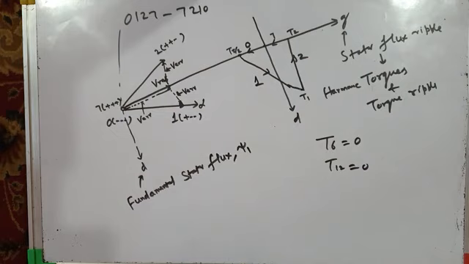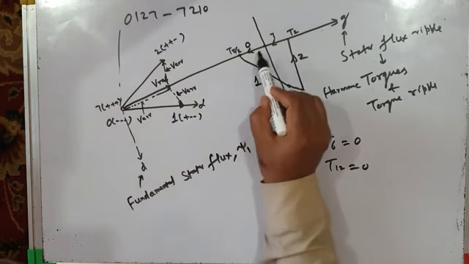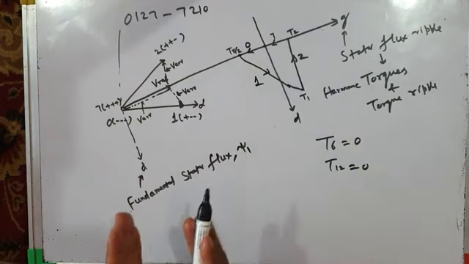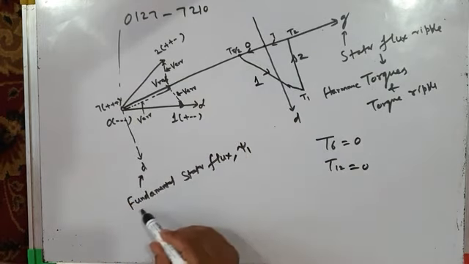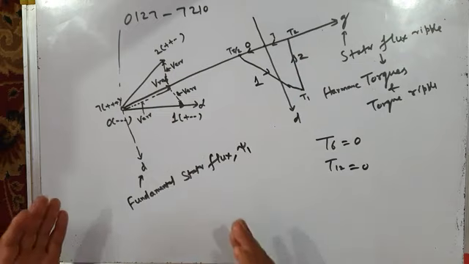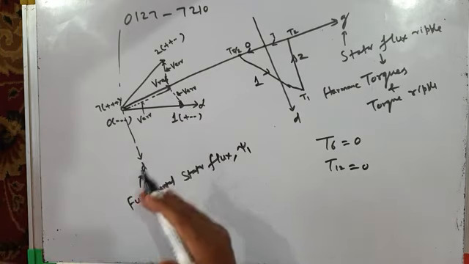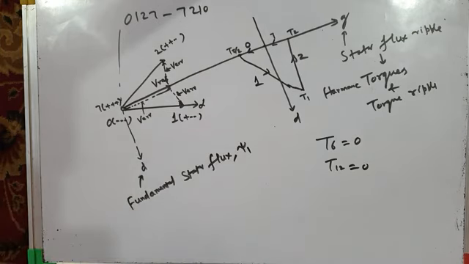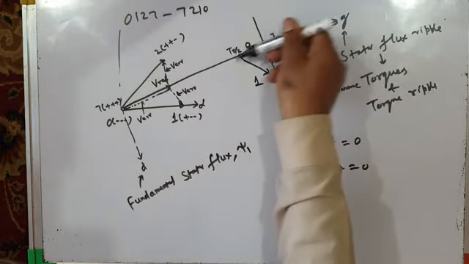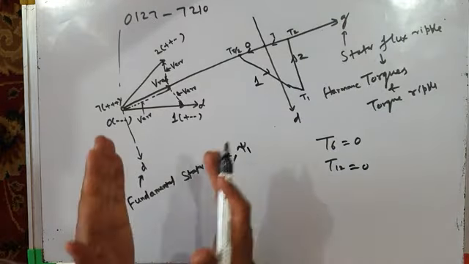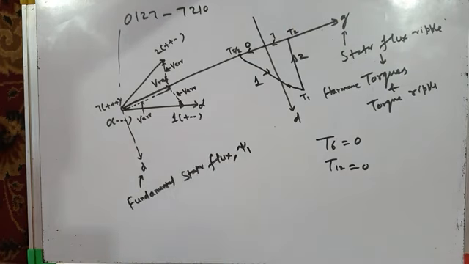So therefore, if you want to reduce the torque ripple, the q component of stator flux ripple has to be reduced, not the d component, because along the d component you have fundamental stator flux, which is main flux, which is responsible for the development of torque in induction motor and set it into rotation. Whereas the harmonic fluxes are aligned along q-axis, and you have to reduce the magnitude of these harmonic fluxes.